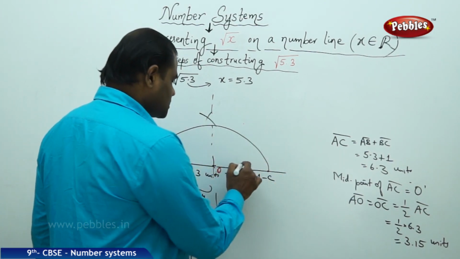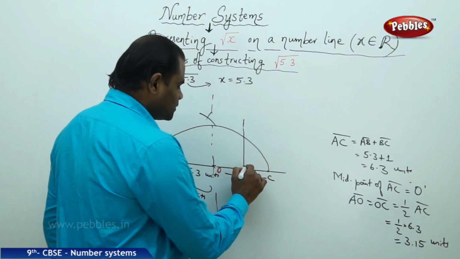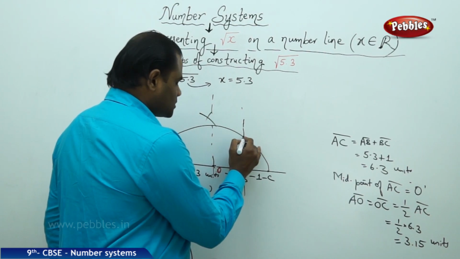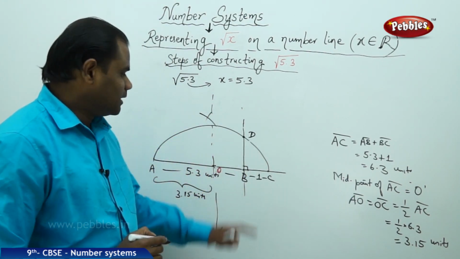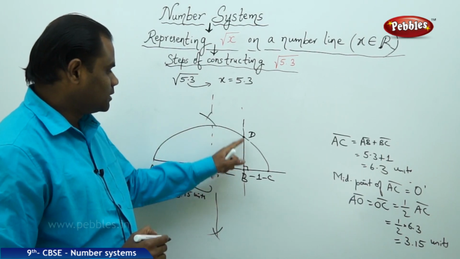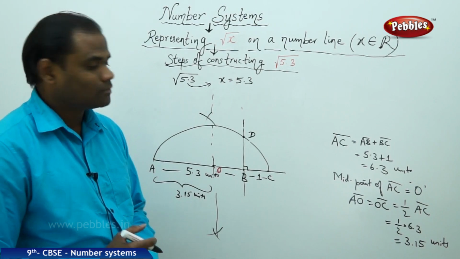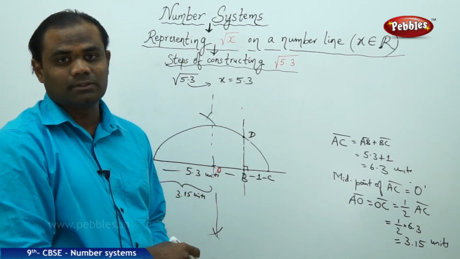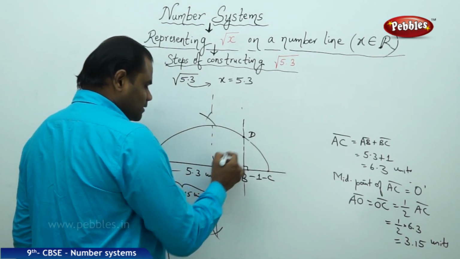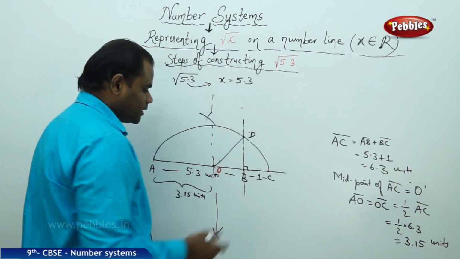With the base as AC, the angle at B is 90 degrees, which is extended to cut the semicircle at D. So this is how I get the point D, by extending the line to cut the semicircle. Now once I get this, it's all about joining D.